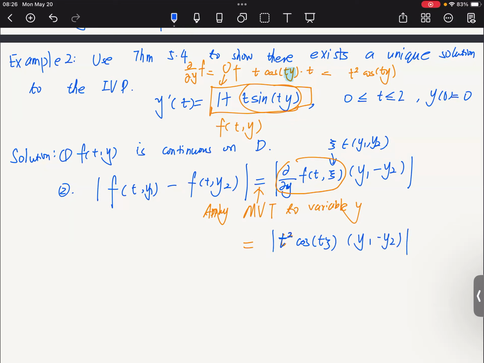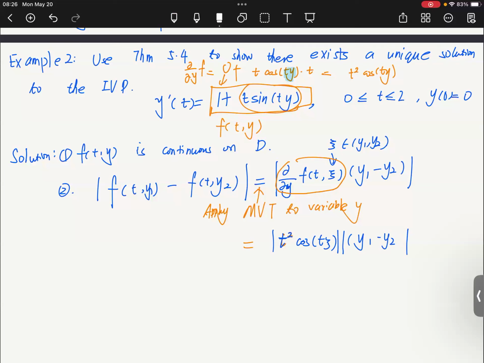We almost get to what we want. We have y1 minus y2, and we want to bound this function, t squared cosine tc. I can add the absolute value here to make it more obvious.